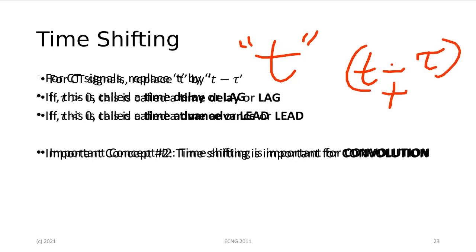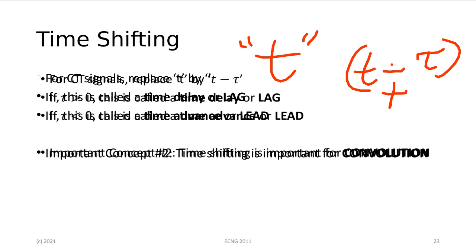It could also be plus, right? So t plus or minus some other constant. If tau is greater than 0, then what we have is something called a time delay or a lag. And if tau is less than 0, then what we have is a time advance or a lead.